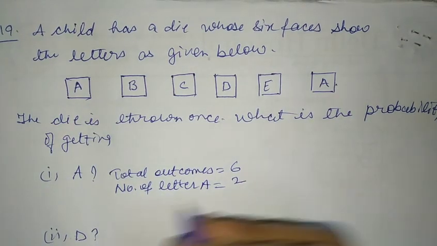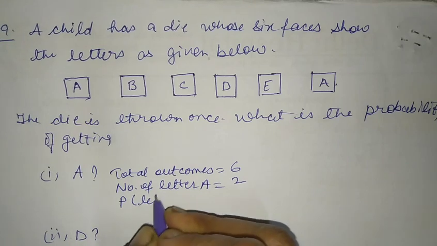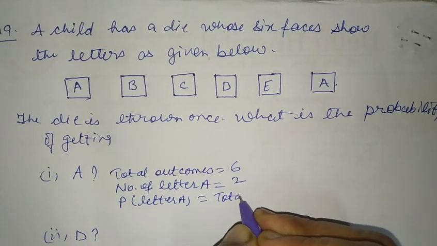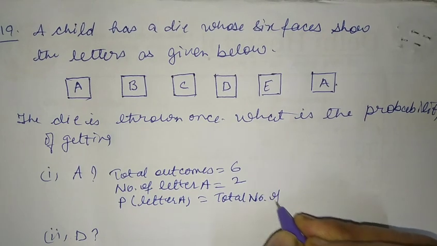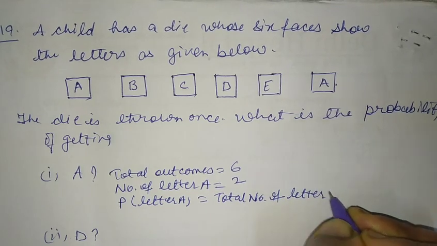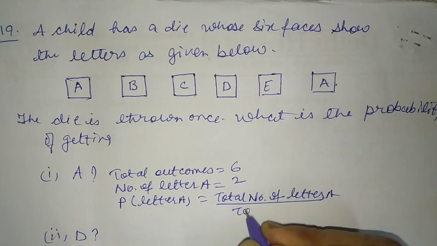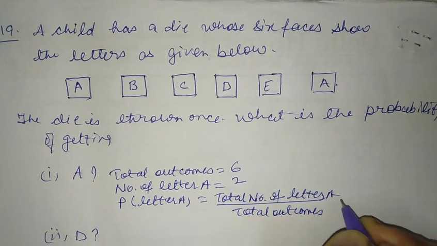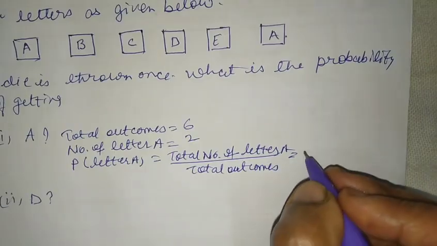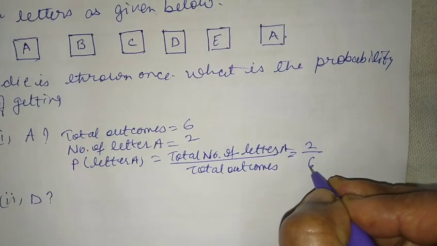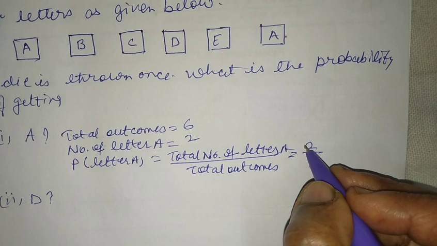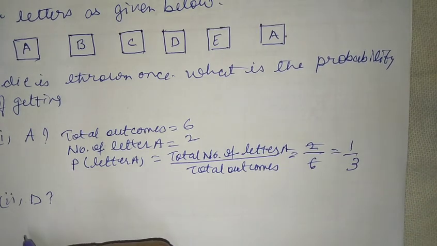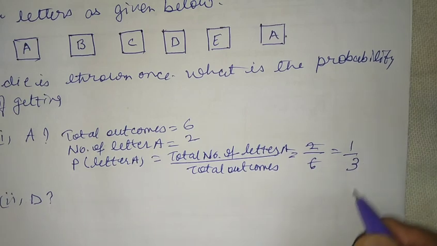So the probability of getting letter A will be equal to the total number of letter A by total outcomes. The total number of letter A we have is 2 and the total outcome is 6. So we divide by 2. We have 2 ones are 2 and 2 threes are 6. So the probability of getting letter A will be 1 by 3 here.